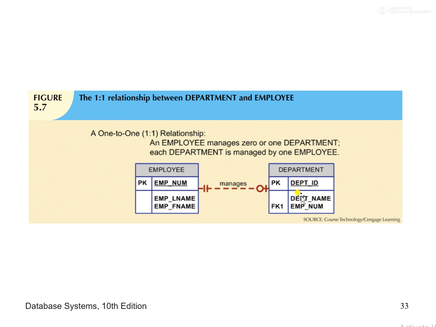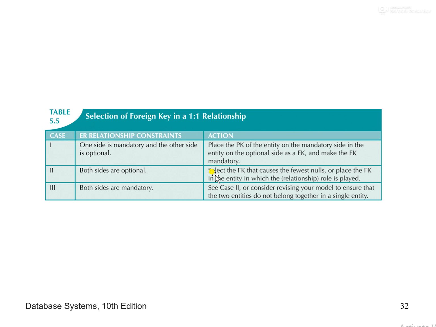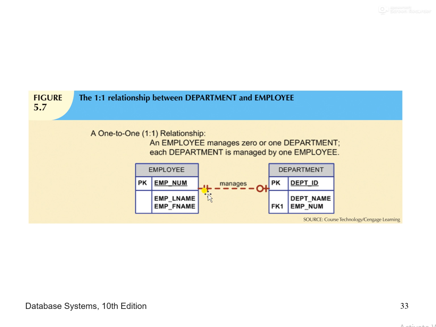So one side is optional and one side is mandatory. Now, as per the rule, place the primary key of the entity on the mandatory side in the entity on the optional side as a foreign key. So here we will place the primary key of the mandatory side. The mandatory side is employee, so the primary key of the employee table, that is employee num, goes as a foreign key in the department table.